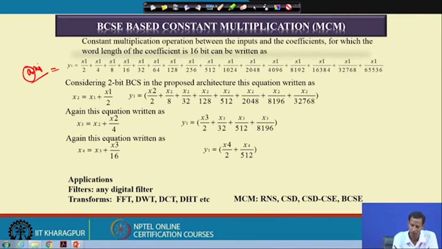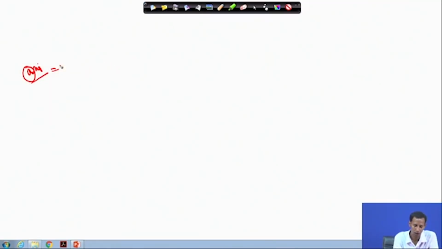That means at that time A 15 into x1 by 2 plus A 14 into x1 by 4, A 13 into x1 by 8, something like this, if each of these bits is 1.